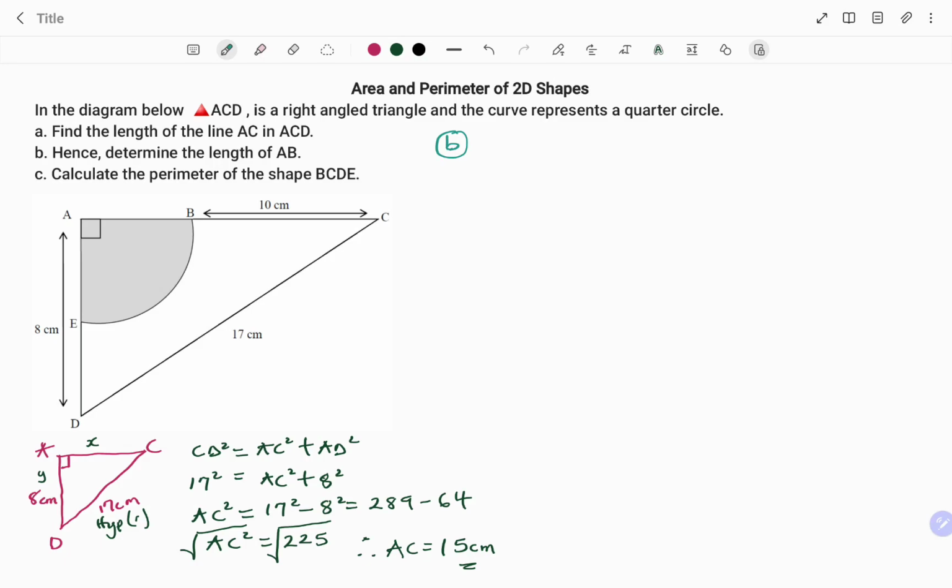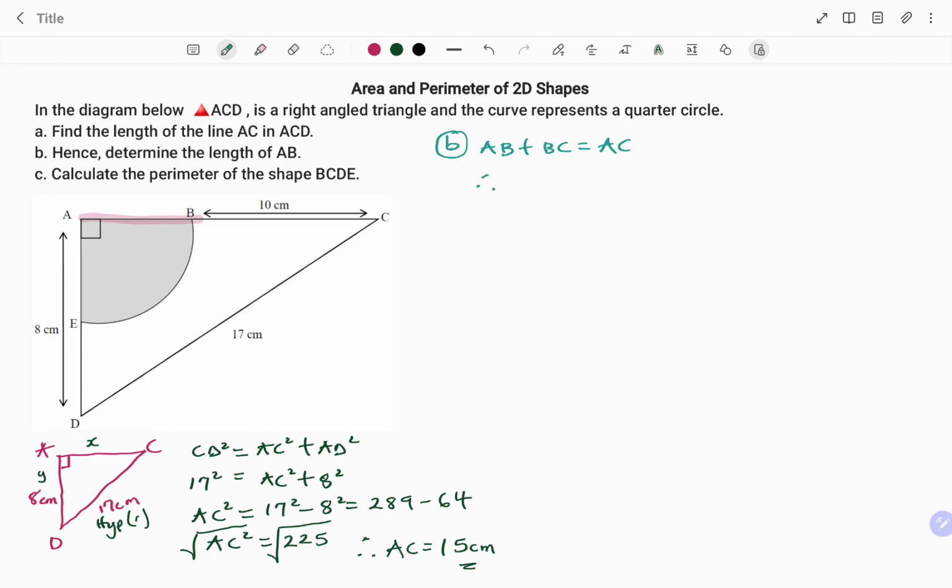For the B part, we have to determine the length of AB. If you look at the diagram, to find the length of AB, I just need to subtract BC from the total length AC. So I have that as AB plus BC will give me the total length AC.